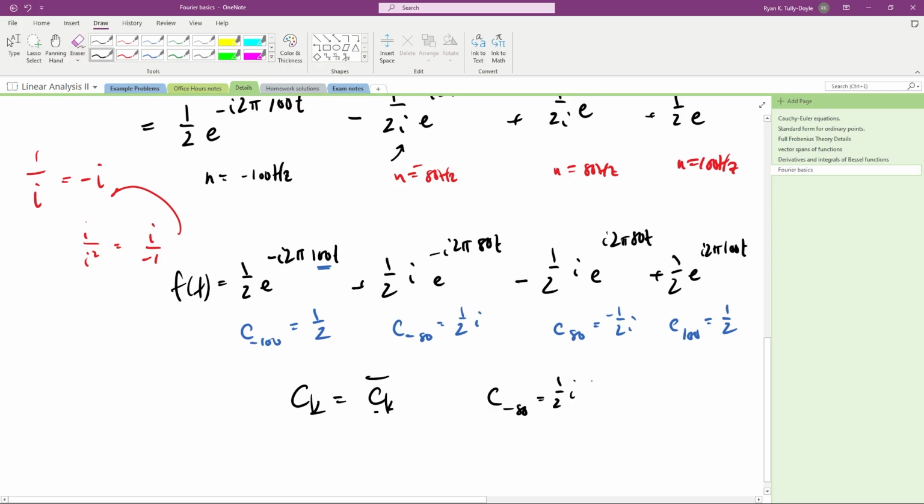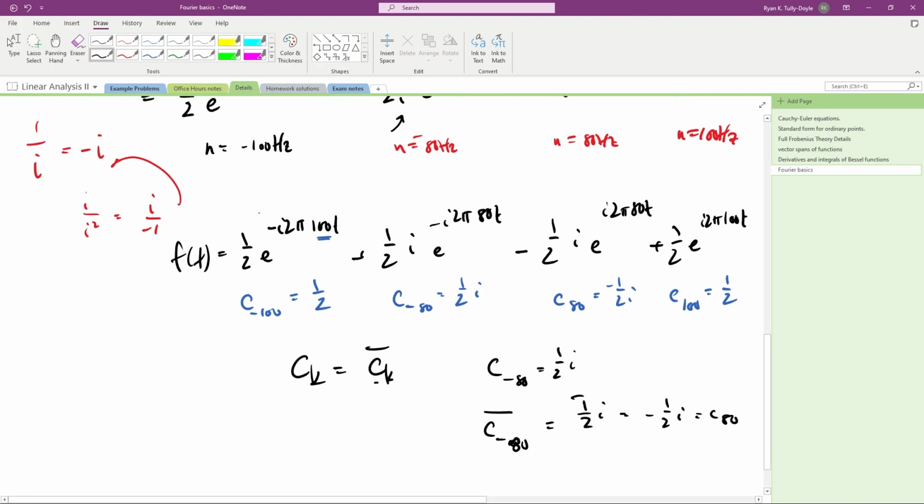If I take the complex conjugate of that, I get the complex conjugate of 1/2 i, but that's just minus 1/2 i, which is c80. So at least we believe that we've done that part correctly. And so this is the Fourier series.